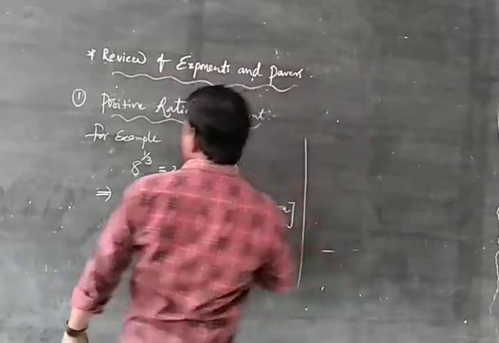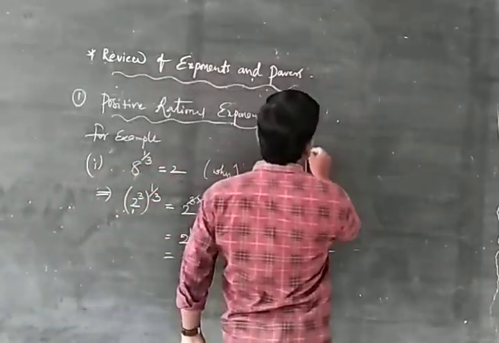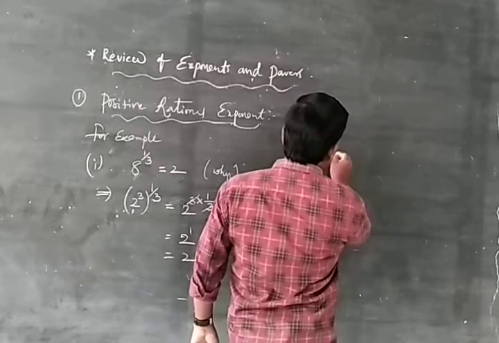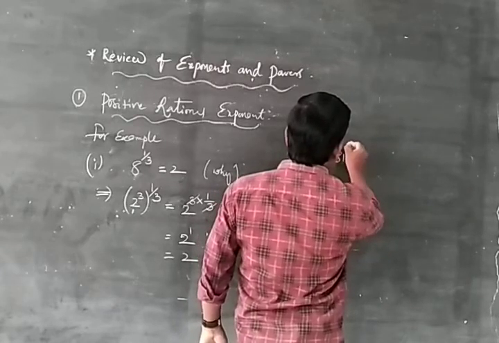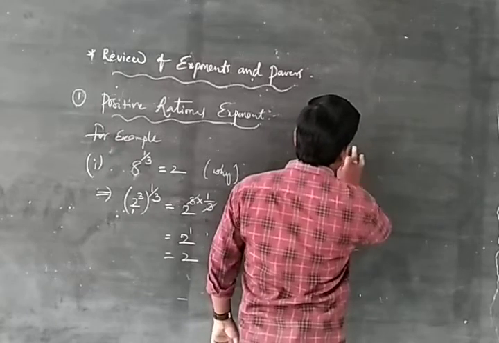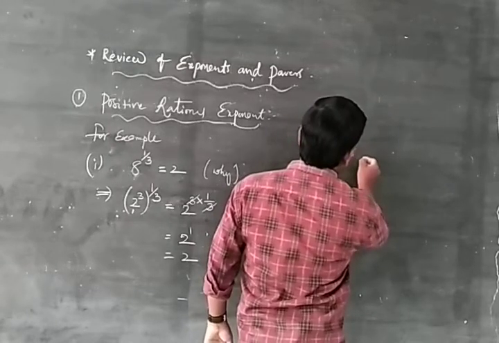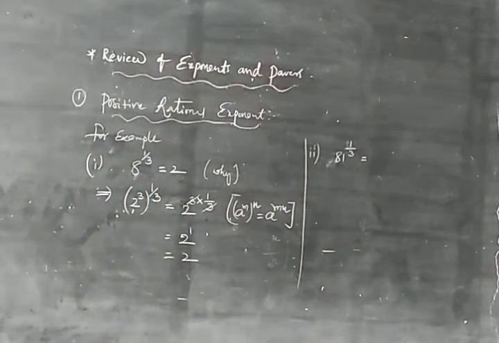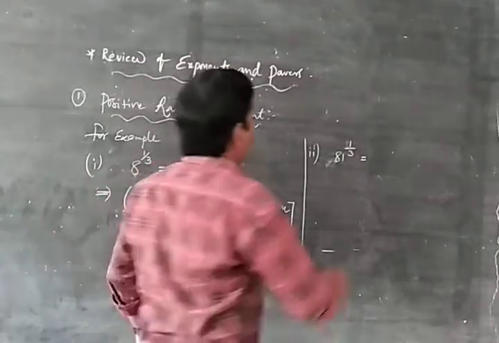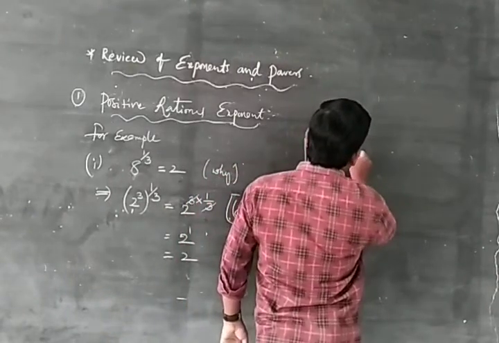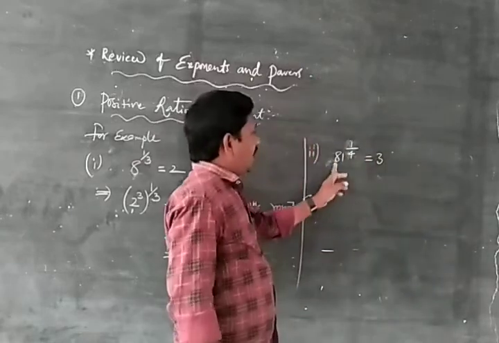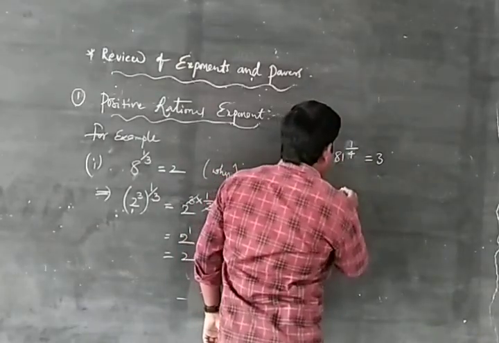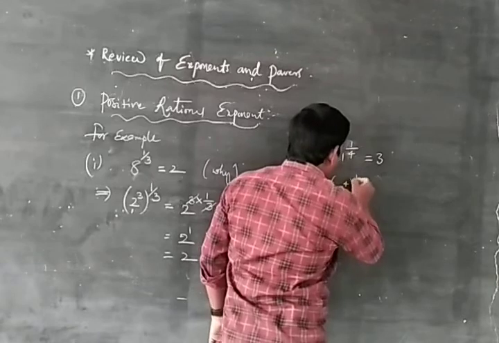Another example. 81 whole power 1 by 4 equals 3. Why? Because 81 is written as (3 power 4) whole power 1 by 4.